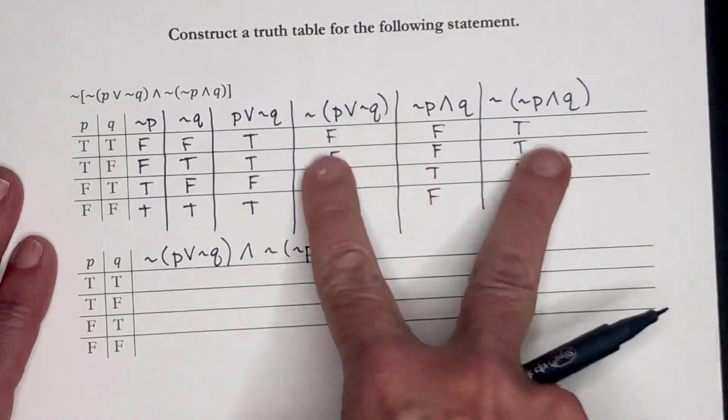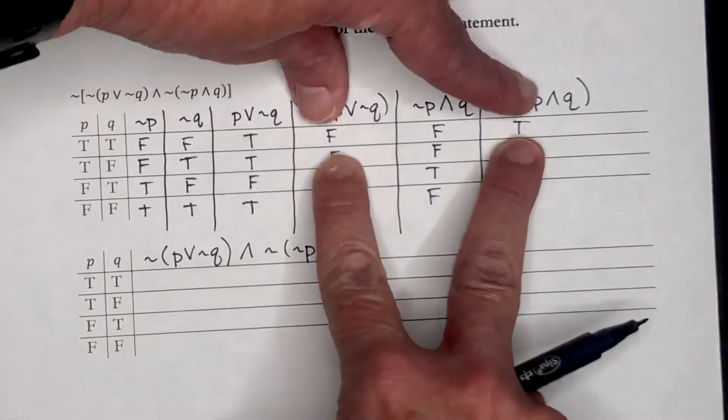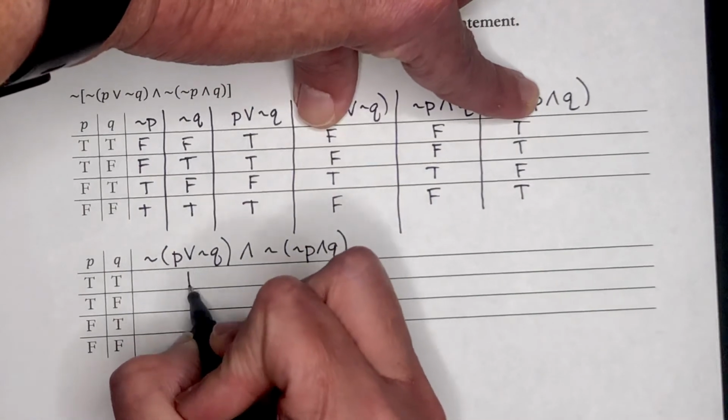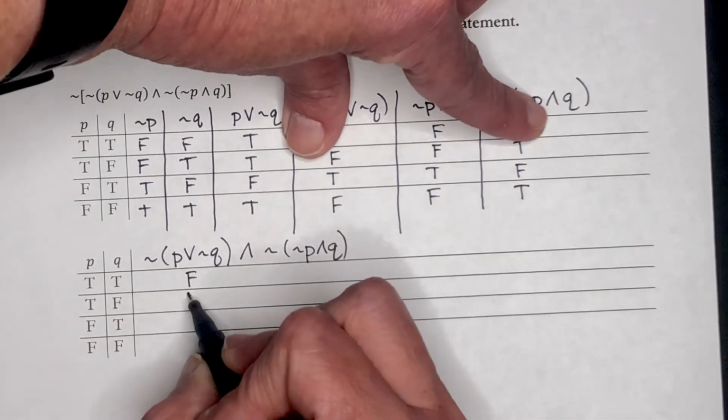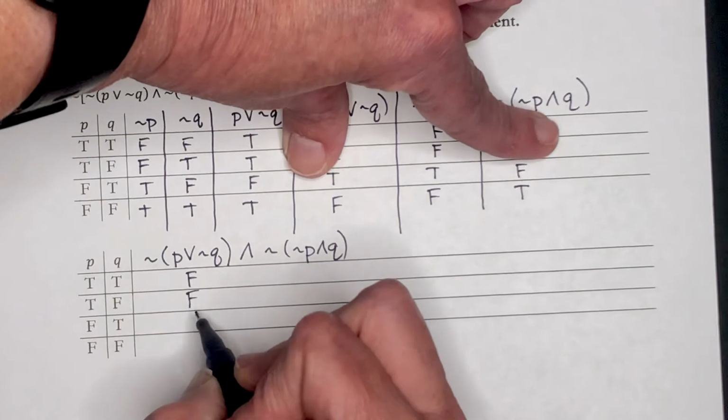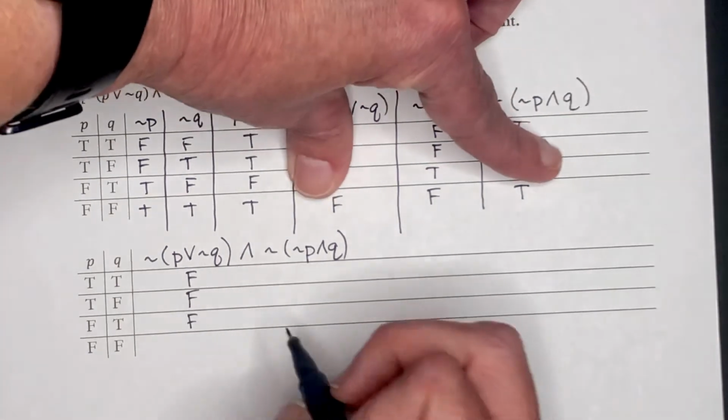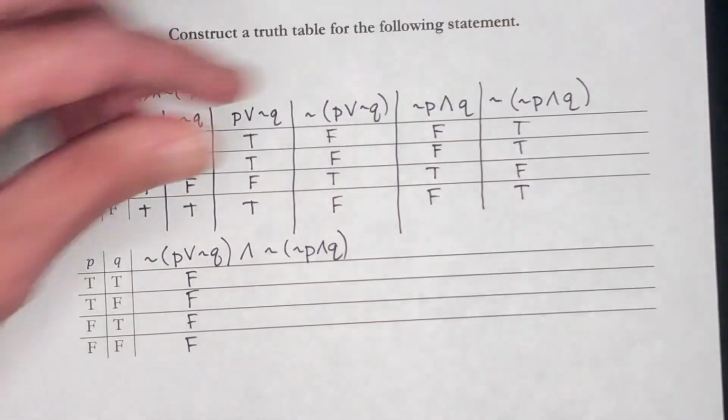So, and these two lines. False and true is false. False and true is false. True and false is false. False and true is also false.